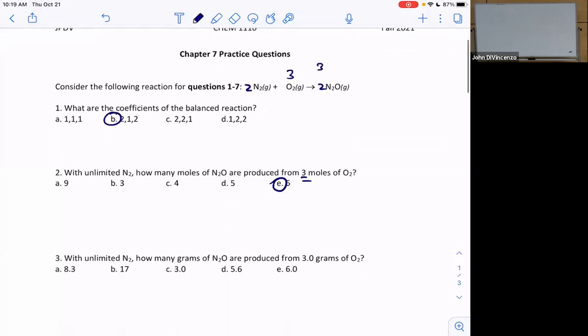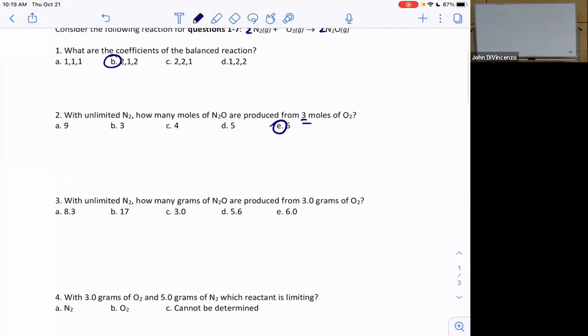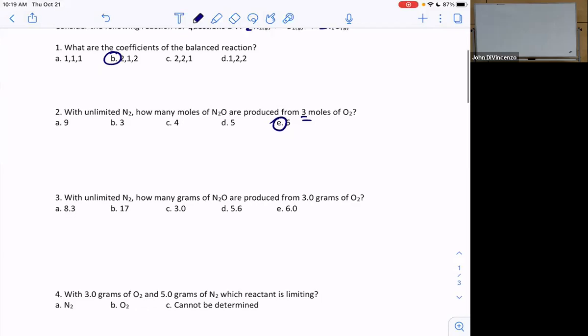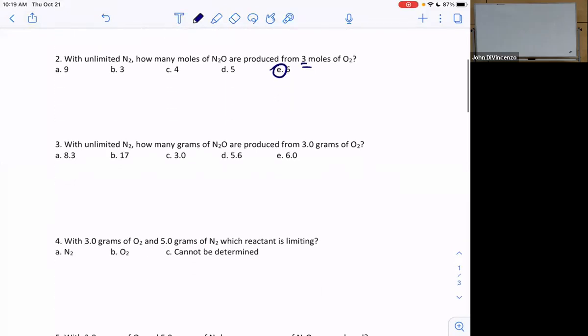All right. With unlimited N2, how many grams of N2O are produced from 3 grams of oxygen? Well, what are we going to do? We've got 3 grams of oxygen. What's that? Right.